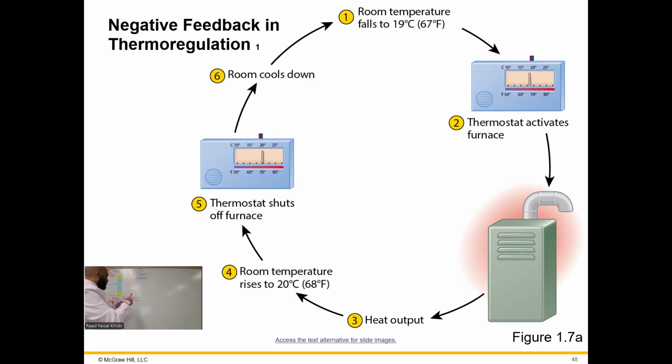Then we move from signal to the next step. That signal must be detected, number 2, by a sensor. So if you have a signal, somebody got to detect the signal. If you have a stimulus, somebody got to detect the stimulus, or a detector.